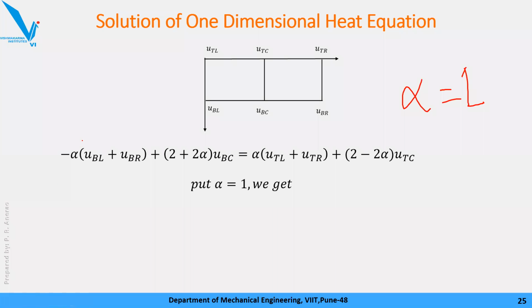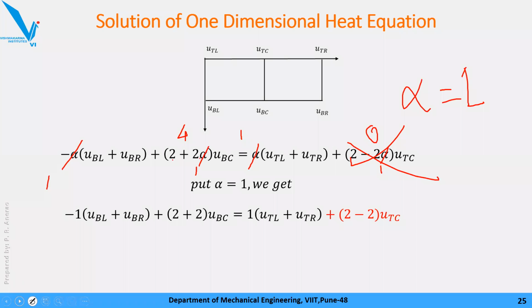Then you will find that this is 1, this is 1, so 2 plus 2 becomes 4, and 2 minus 2 alpha, alpha is 1, 2 minus 2 is 0. Okay, so this got cancelled. So ultimately you are going to get the equation something like this.